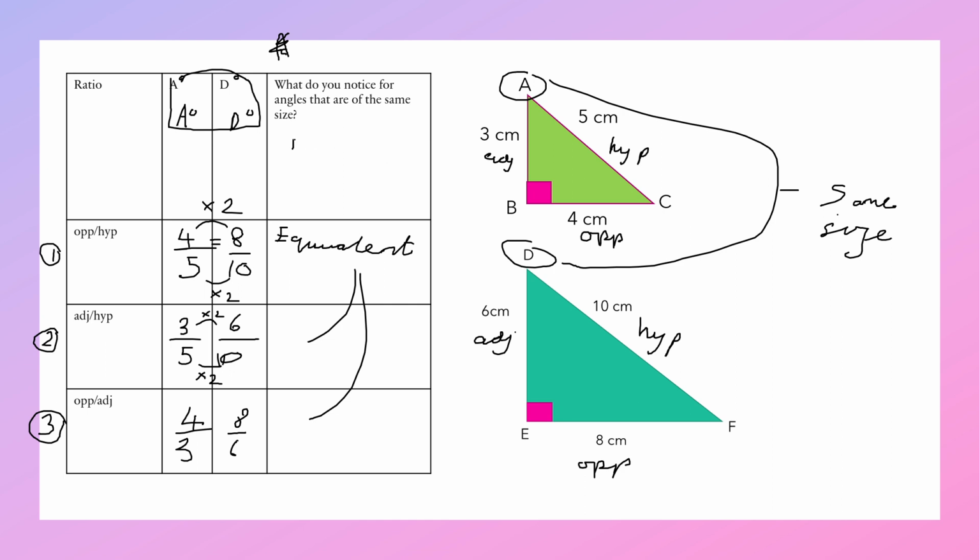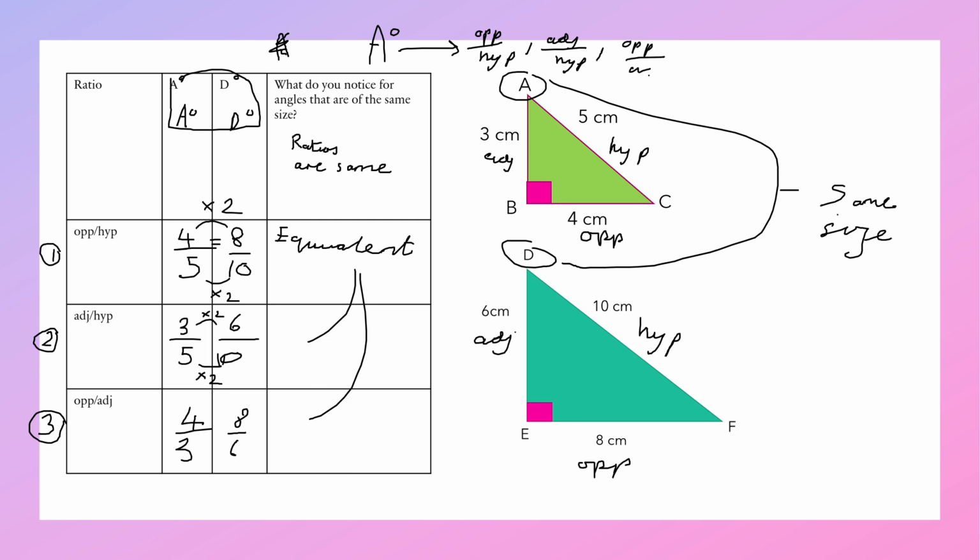So ratios are the same. And therefore it follows that if we know the angle of a triangle, we can work out using trigonometry, each angle will be associated with a specific set of ratios. So opposite over hypotenuse will be the same, adjacent over hypotenuse will be the same, and opposite over adjacent.